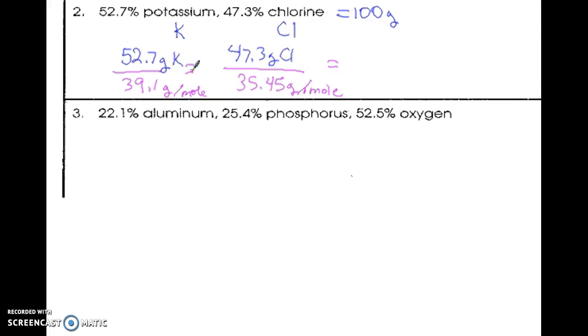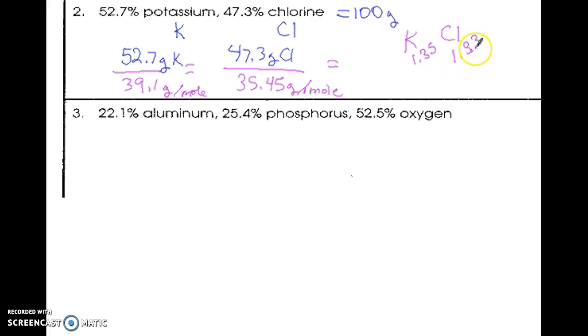Go ahead and write down the answer, and I'll check it. 1.35 for potassium, and chlorine? Again, write down your answer, and then I will check it. 1.33.